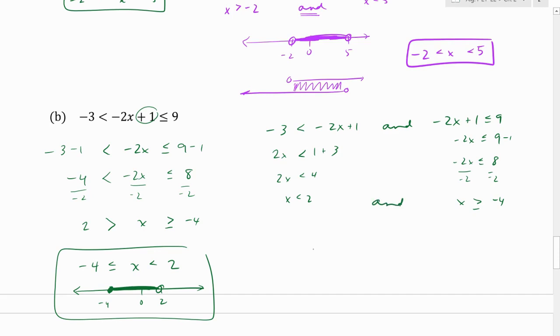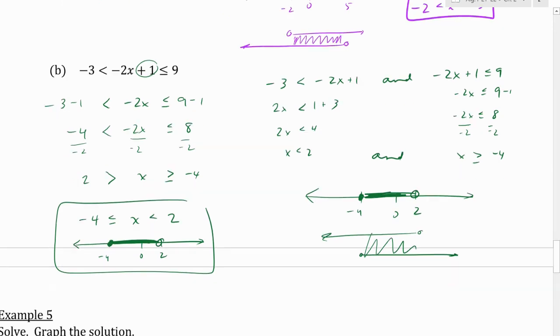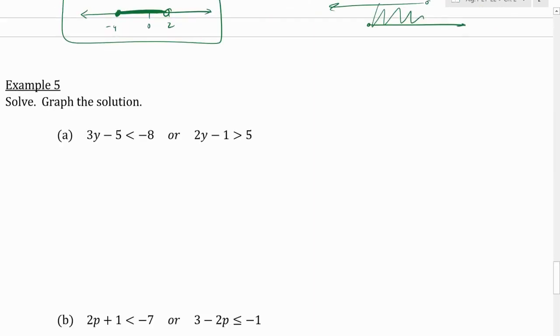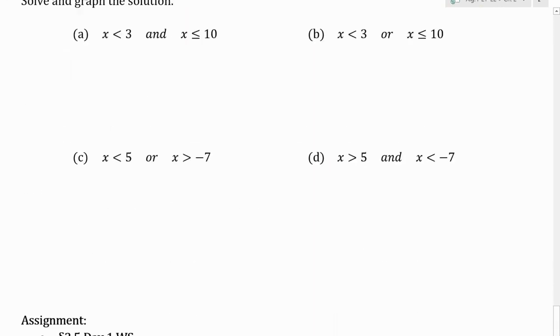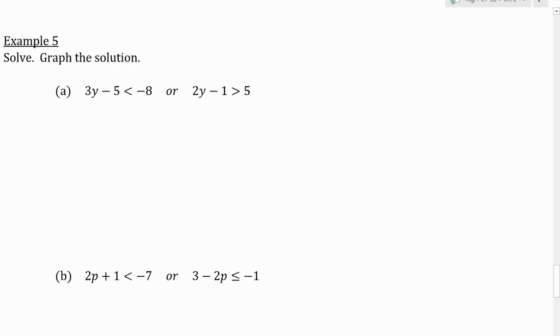So there's what we're looking at. 0, 2, -4. I want to be less than this, and at the same time greater than or equal to that. There's the overlap. Same answer. Okay. All right, and we'll do a couple with some ors, and then we'll do some that people will consider a little tricky.